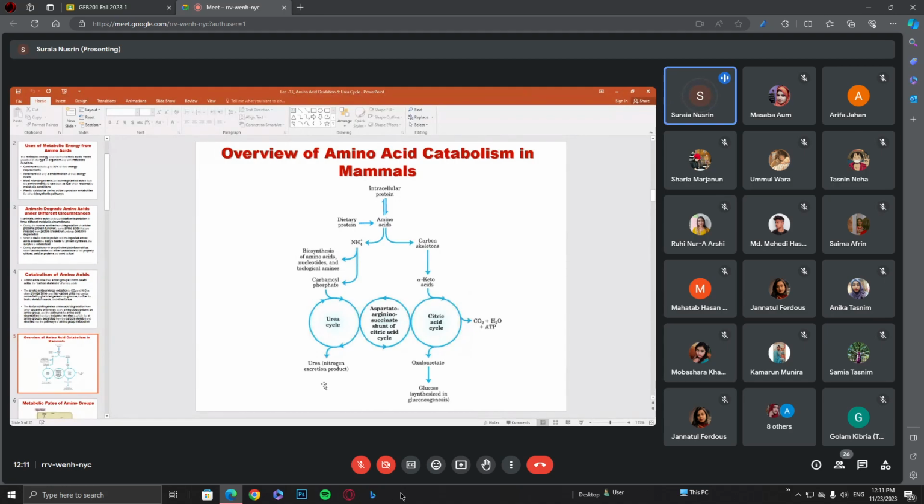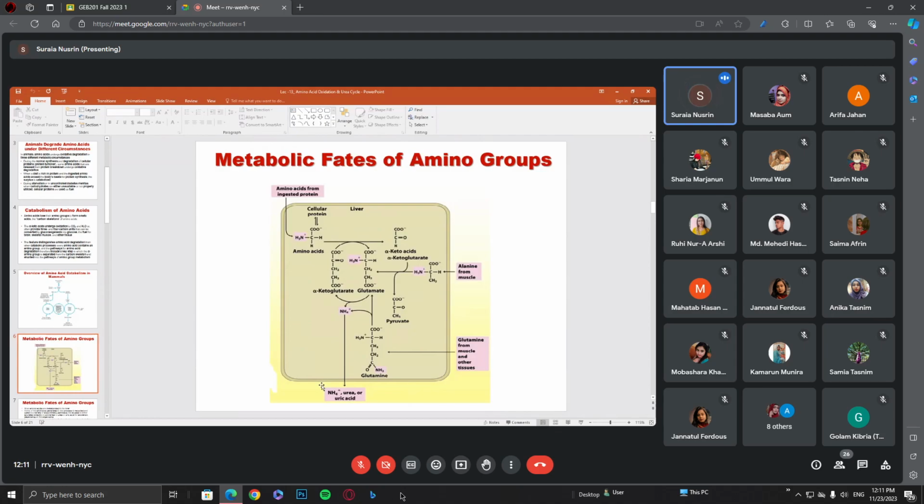But here another thing we have to learn is what happened to the ammonia. We are not focusing on the biosynthesis because our topic is catabolism. So we have to learn the catabolism of the amino group, that is the urea cycle. Okay, so this is the metabolic fates of amino groups.